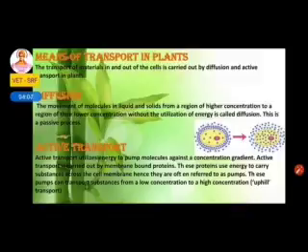While moving this way, it needs energy, and this energy is produced by membrane-bound proteins in the cells. So this is about the means of transportation in plants.